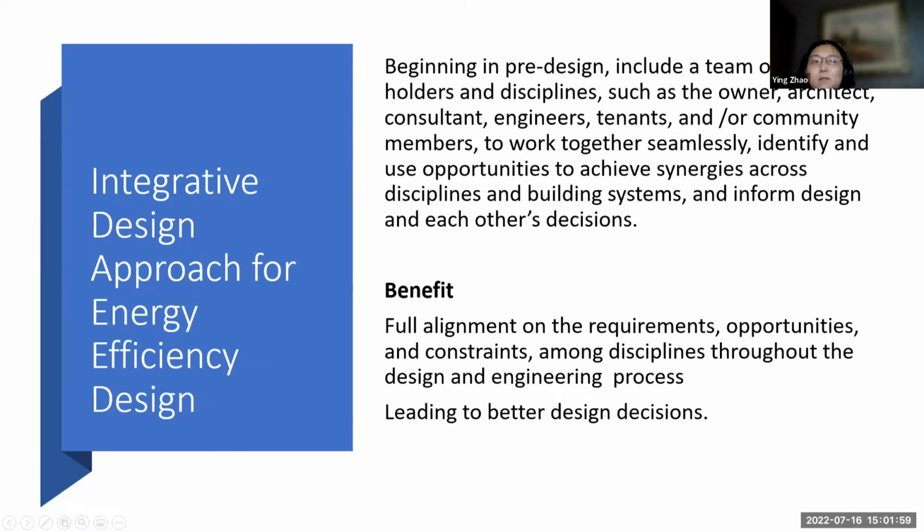The benefit is full alignment on the requirements, opportunities, and constraints among the disciplines. So everyone is well informed at the very beginning of the design, and they talk to each other, synchronize, and reach better design decisions.